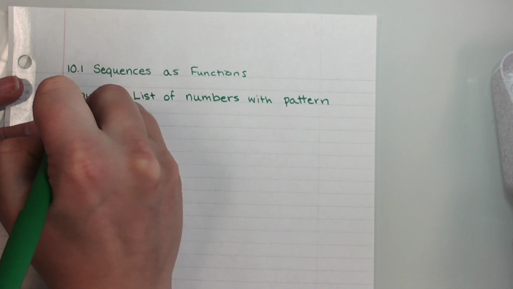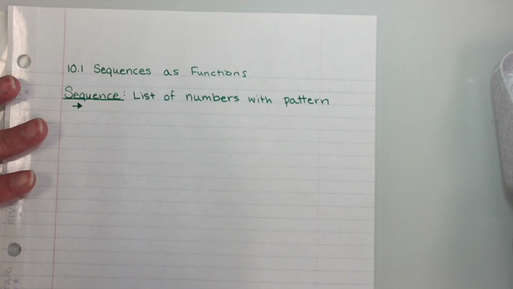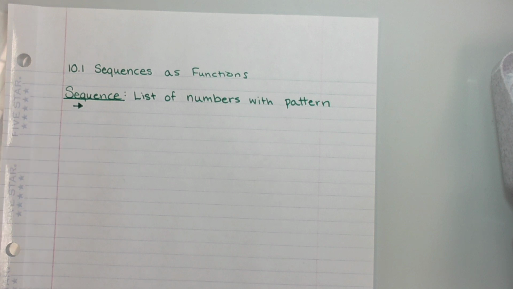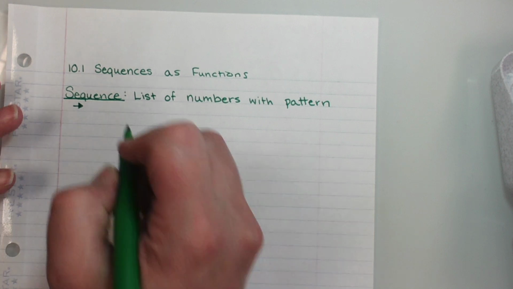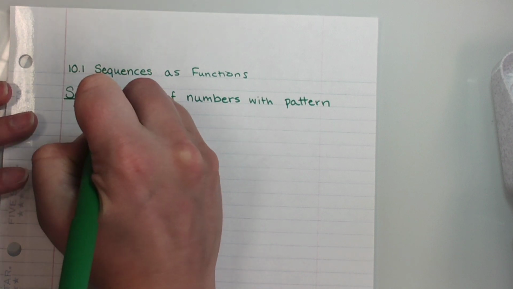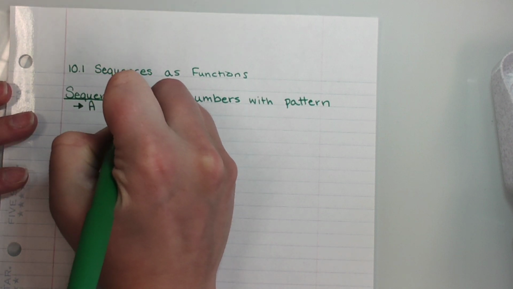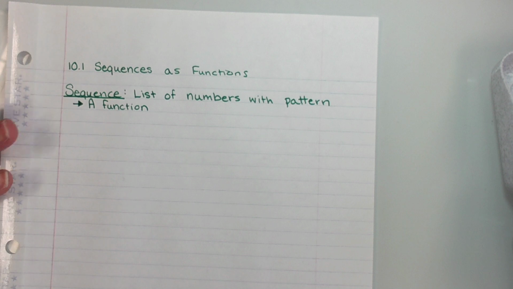But another important thing to know when it comes to sequences is their technical definition. A technical definition of a sequence is that it is, first off, a function. Now, there's more to it, obviously, but I'm going to pause right there and ask, what makes something a function again?